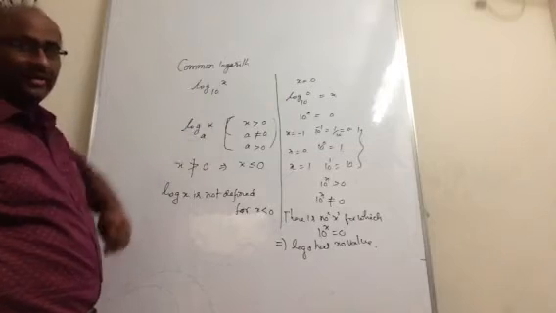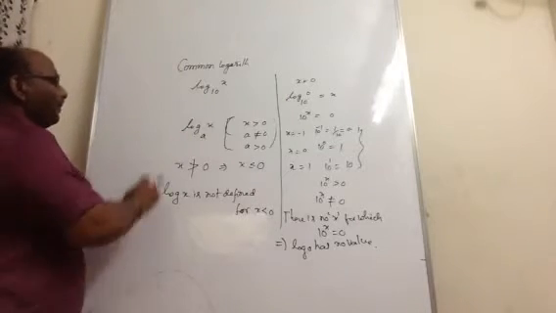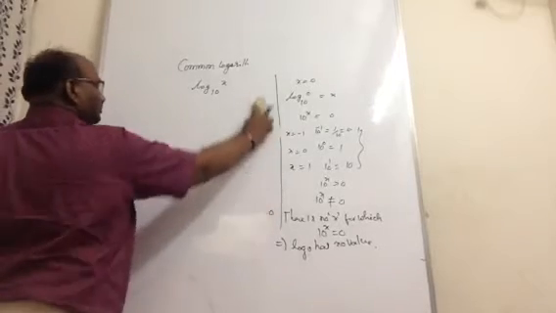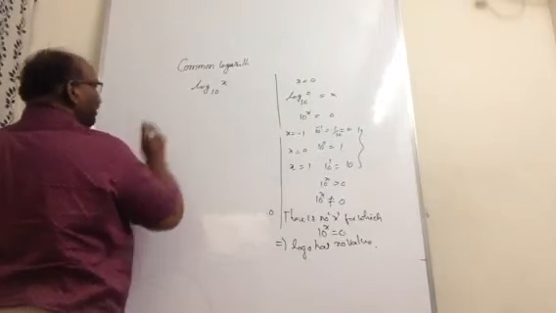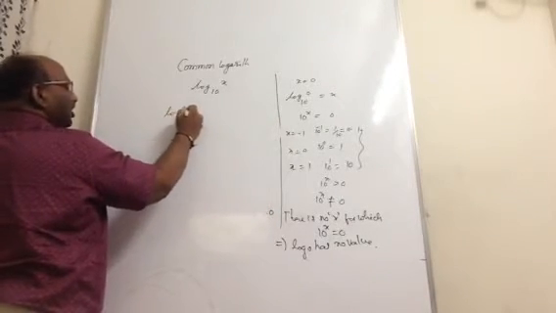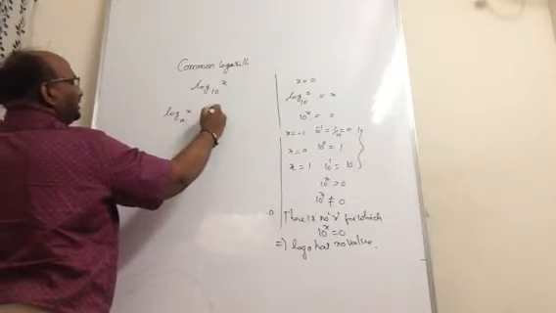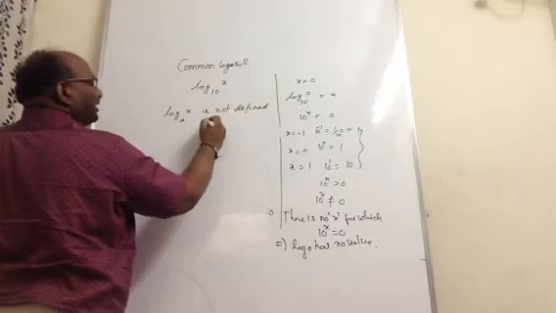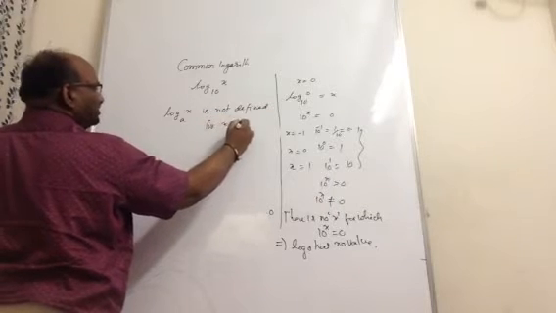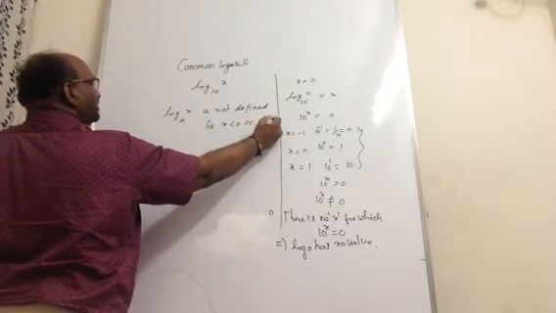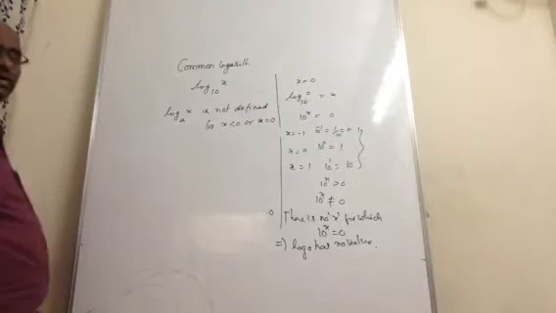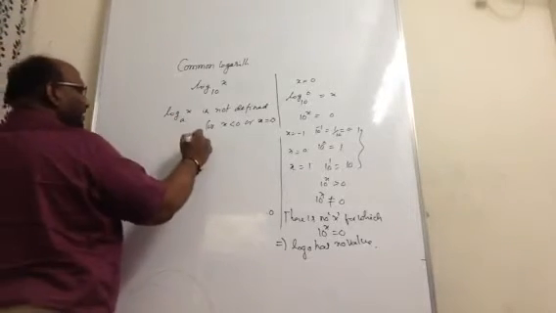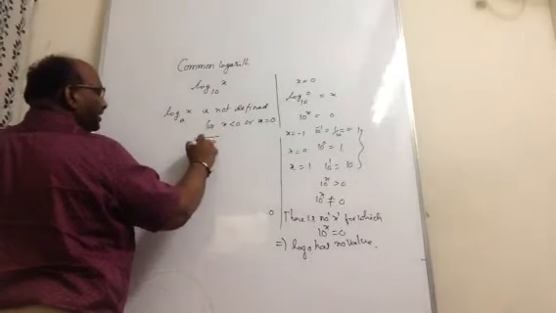Go through it once again. So finally, what I want to say here is log x to the base a is not defined for x less than 0 or x equal to 0. For negative numbers and 0, it is not defined. That is why they put a restriction that x must be greater than 0.